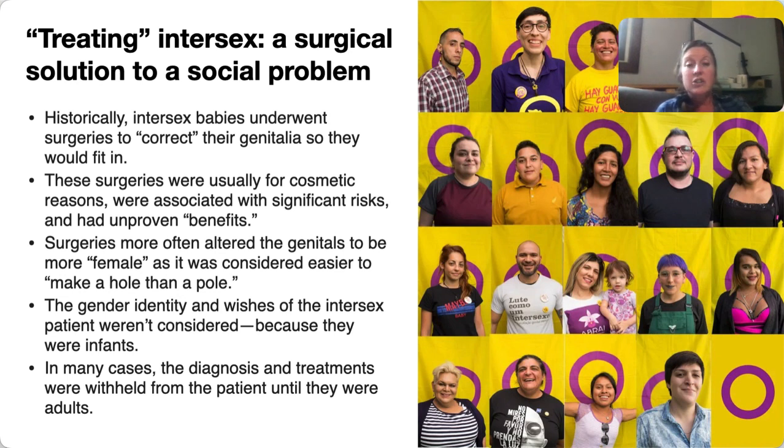They generally chose to do the surgeries to make the individual appear female because it was easier to make a hole than a pole. And the gender identity and wishes of the individual who was born intersex weren't considered at all because they were infants. And in many cases, this was withheld from the individuals.